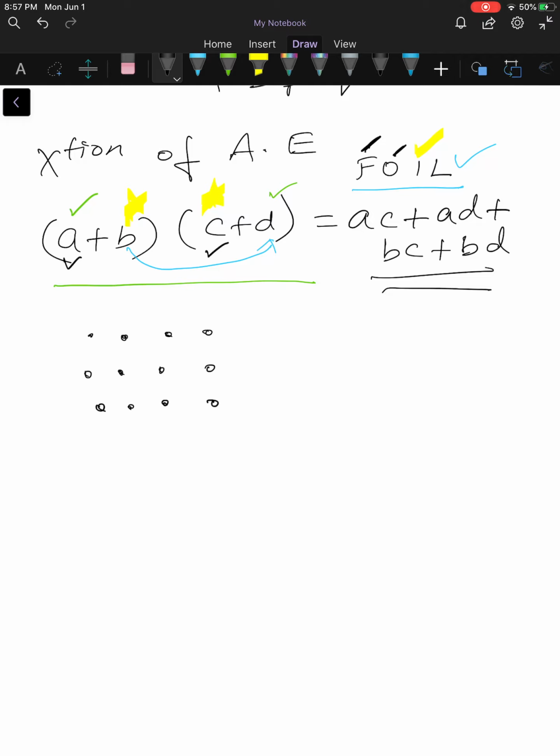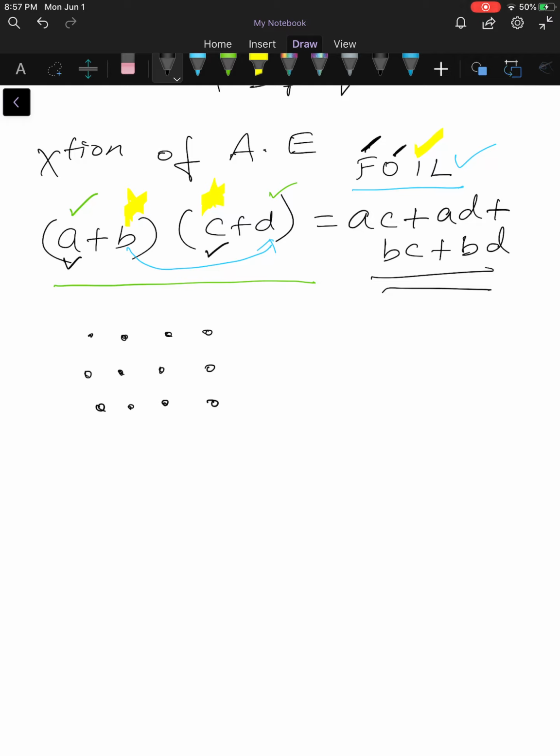This will be equal to x to the power of 3 by 2 times x to the power of 1 by 2 minus, this is nothing but x to the power of negative 1 by 2. Now don't cancel out these two because the powers are different. One is positive and negative. They are totally different.